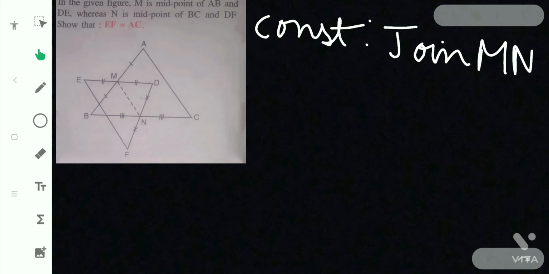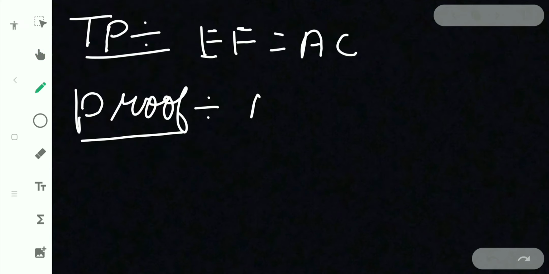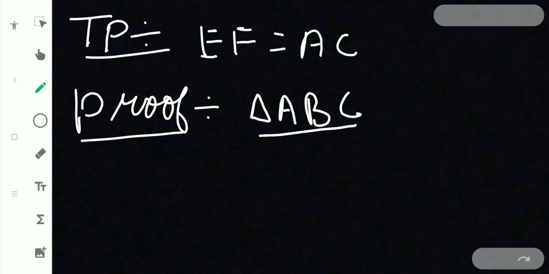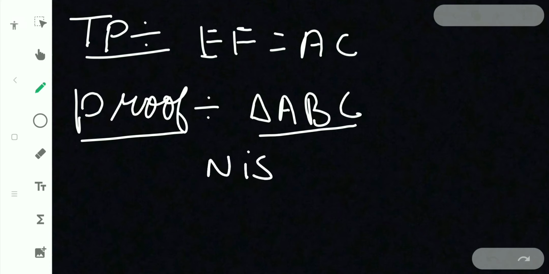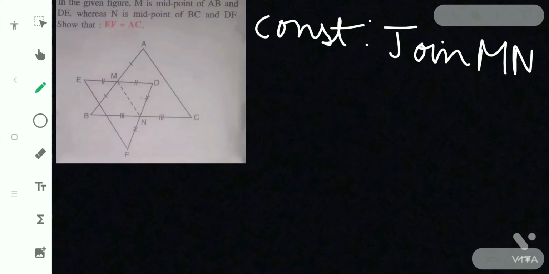Now in this triangle ABC, these three lines given are nothing but BN will be equal to NC, nothing but N is the midpoint of BC.